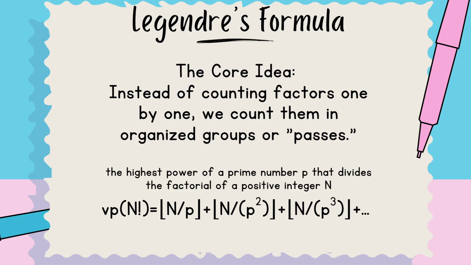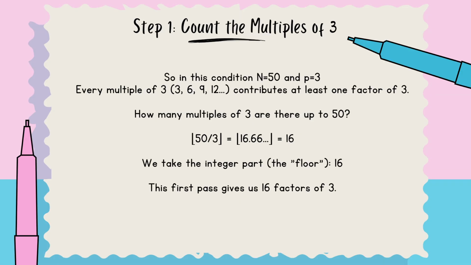You must have not understood this formula, so let's deep dive. So in this case, we have n equal to 50 and p equal to 3. So every multiple of 3, that is 3, 6, 9 and 12 and so on, contributes at least one factor of 3. So how many multiples of 3 are there up to 50? So we are just grouping by 3.